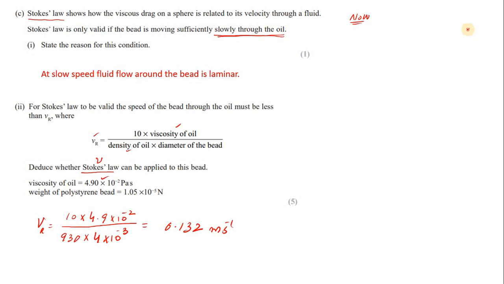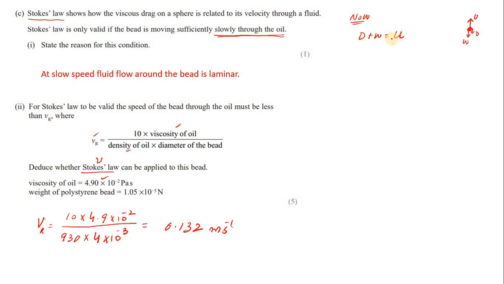Remember the bead: upthrust U acting upward, weight W acting down, and drag force D also acting down. Moving with terminal velocity means D plus W must be equal to the upthrust.